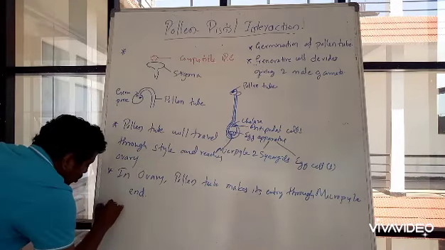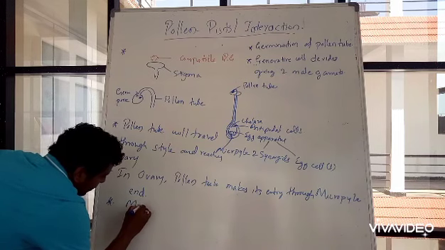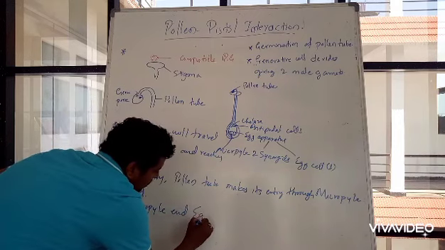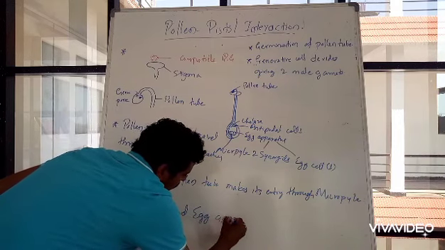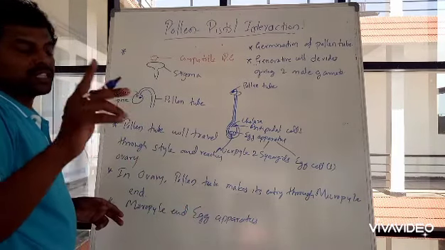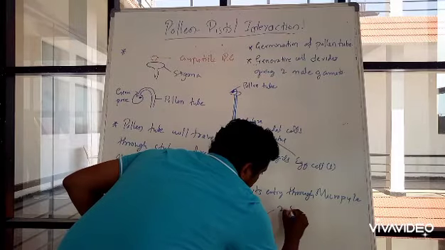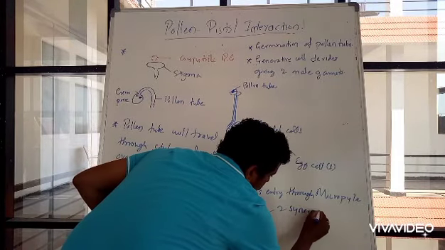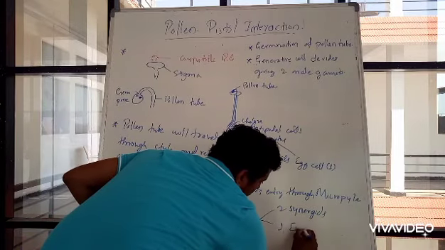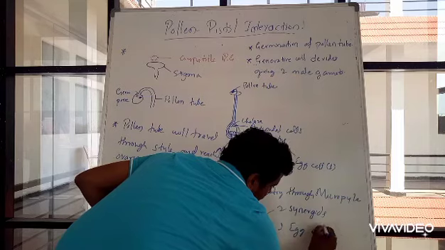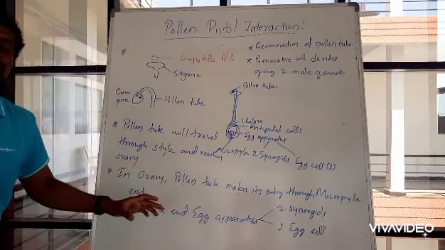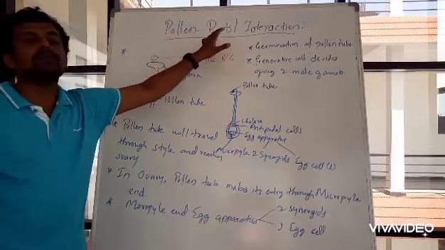What will be there in the micropyle end? The egg apparatus will be there. This egg apparatus constitutes two synergids and one egg cell. So these are the various events which take place during this pollen pistil interaction.